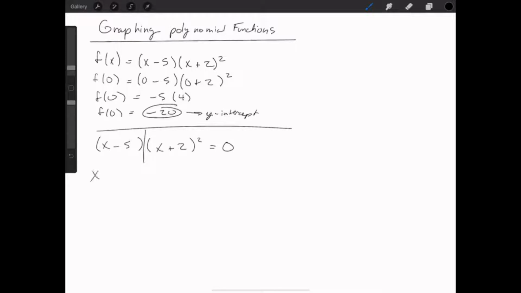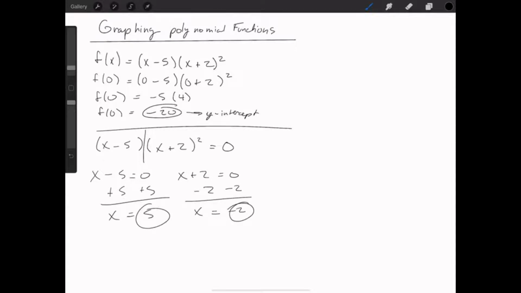So that would look like x minus 5 equals 0 and x plus 2 equals 0. Then we just solve each equation, where we would add 5 and x would equal 5, and then we would subtract 2 and x would equal negative 2. So these two, 5 and negative 2, are our x-intercepts.